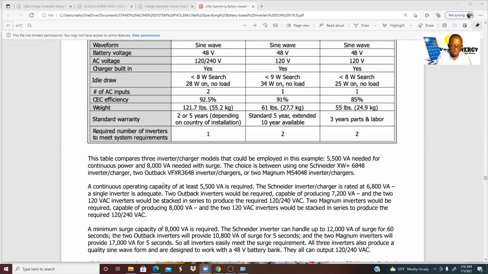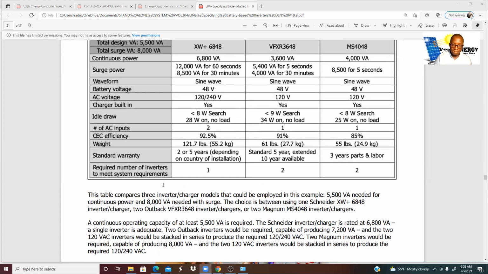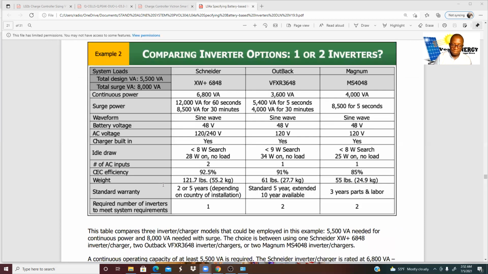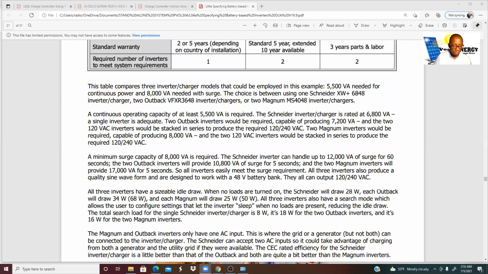Two Magnum inverters will be required, capable of producing 8,000 VA, and the two 120 volt inverters will be synced in series to produce the required 120/240 volt. We could use one Schneider, or we could use two Outback or two Magnum inverters. Simple.